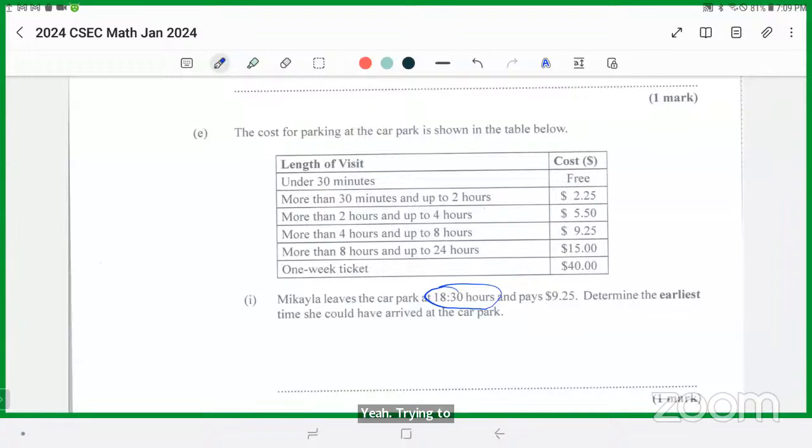Almost done. All right, there you go. Sorry about that, guys.